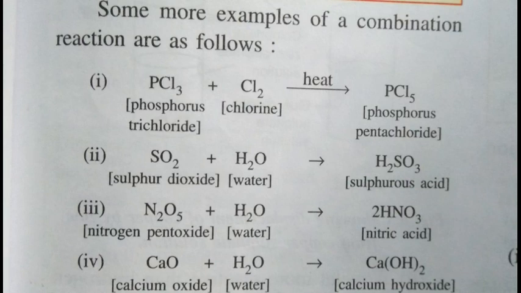On combination of nitrogen pentoxide and water, we will get HNO3, that is nitric acid. Calcium oxide and water combine to form calcium hydroxide.